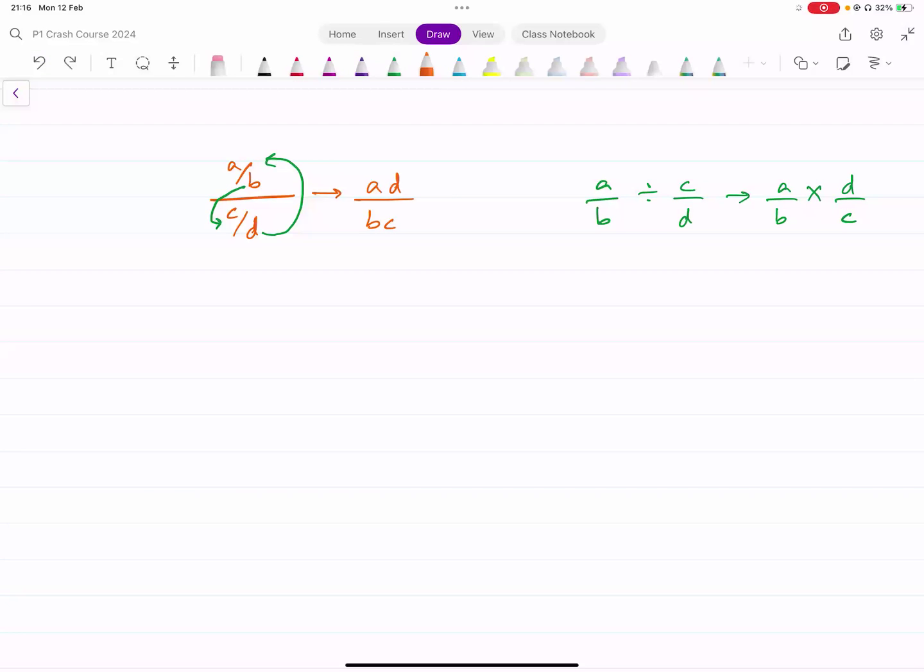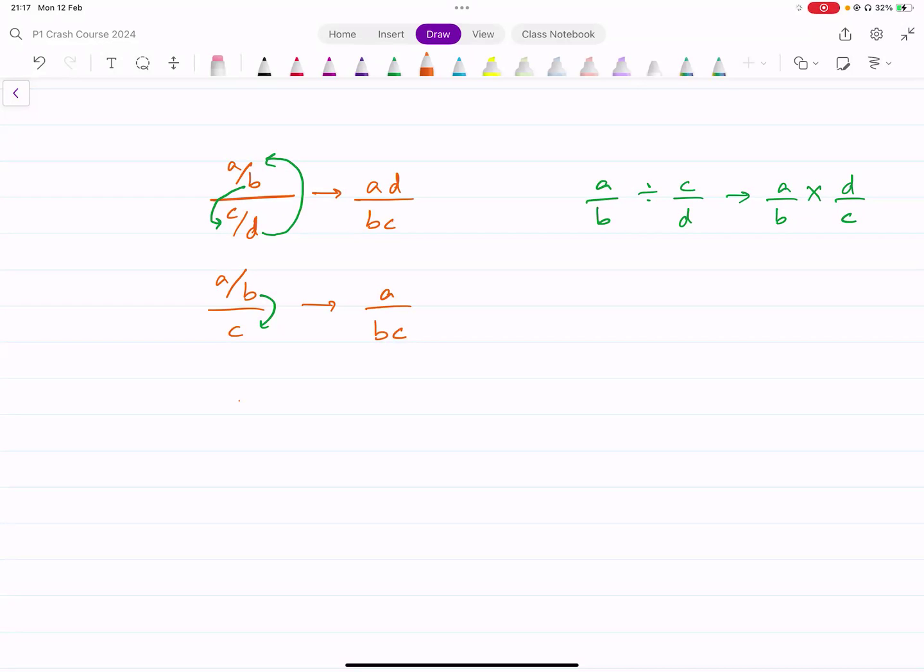If you have, for instance, A over B whole divided by C, the denominator goes down. So it becomes A over BC.